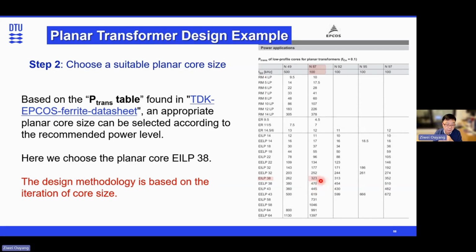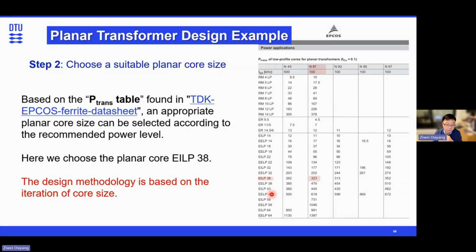For example, EIRP38 is suitable for a power level around 323 watts. In the example here, we are going to design for 500 watts. So basically, we can choose those different core types, 38 or 43.